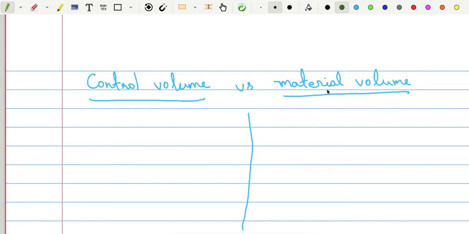So when it comes to control volume, this is basically a region in space. Now, because this is a region in space, material can enter and leave the control volume.